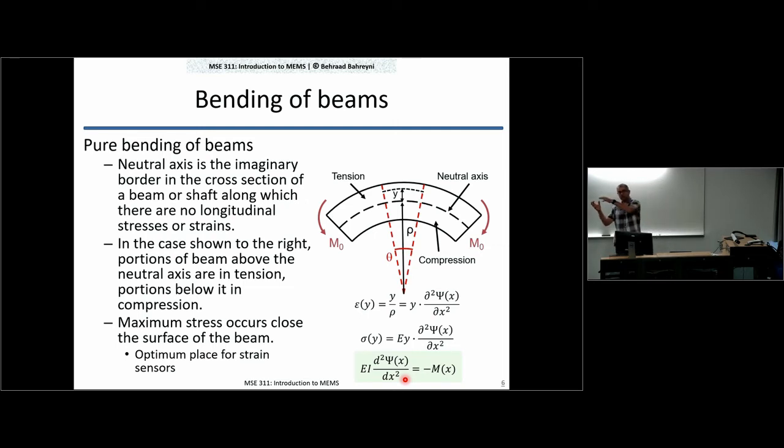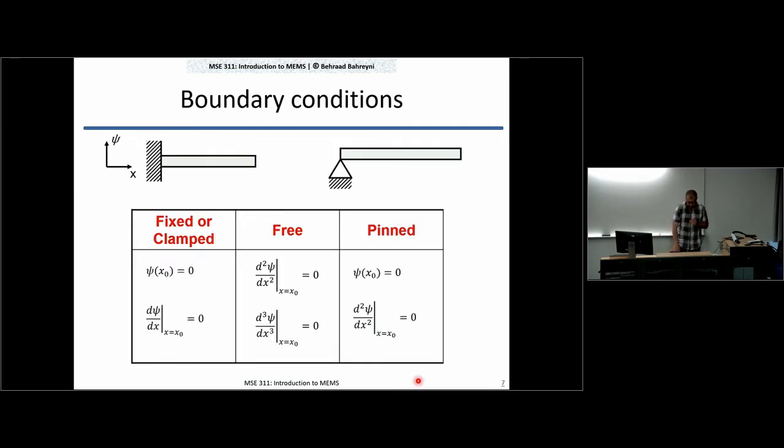We want to know how much the beam is deflecting, how much the beam is moving from its rest position due to the load. Now, it's a differential equation. To solve it, you need boundary conditions. And these are your typical boundary conditions in MEMS. Actually, your typical boundary conditions in MEMS are just these two. Right?